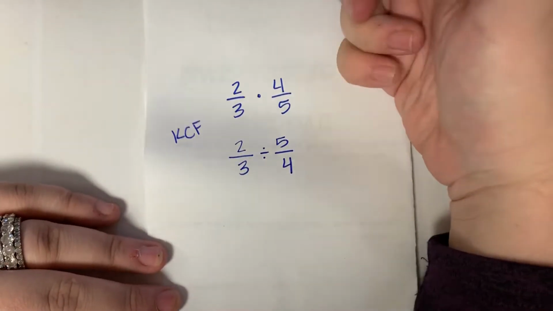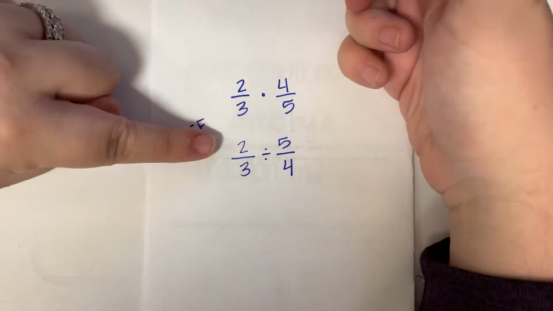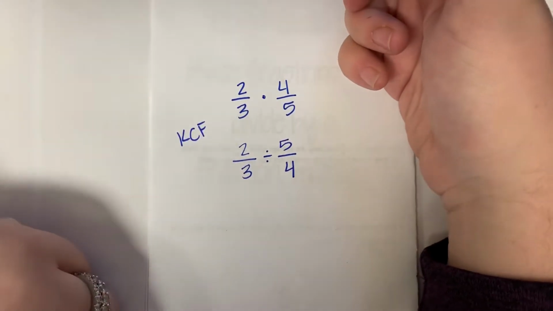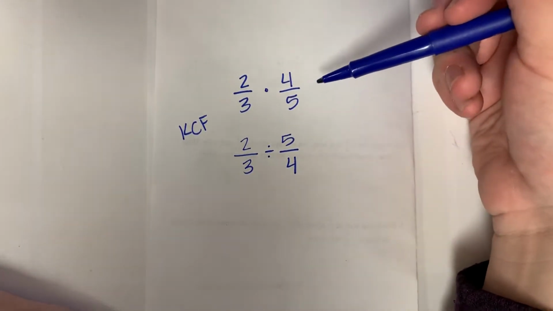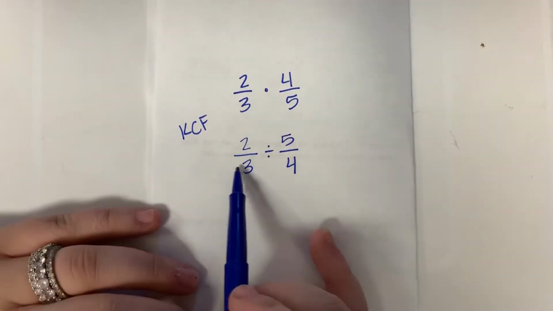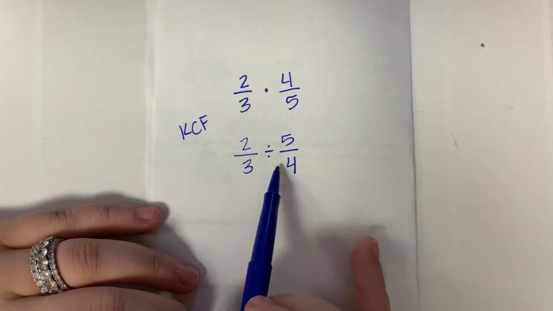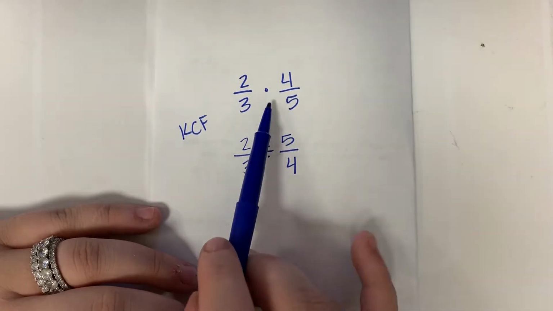We can use these interchangeably, and they would give us the same answer. So if we know how to get an answer to a multiplication problem, all we're going to do for division is keep it, change it, flip it to a multiplication problem, and then solve it.